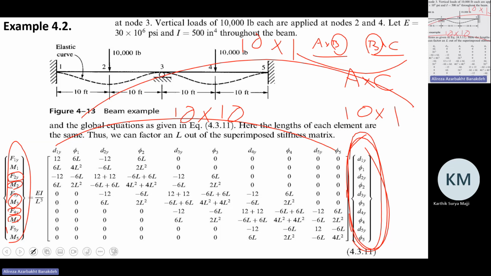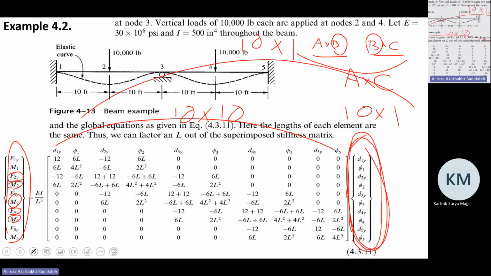Some of them are unknown, some of them are known because of the supports. We know some of them are zero, right? But we do something, eliminate, reverse, calculate those right-hand side unknowns, and then we come back and calculate the reactions. Right? This is the whole process. Doesn't matter if you're working with bar element or truss structure or frame or whatever it is.